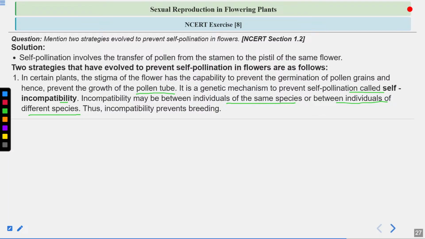If the pollen is of S1 type, the pistil will not allow it to germinate. Another pollen is of S4 type, a different pollen of the same species, so they will allow this S4 pollen to germinate. This is written here exactly. Thus incompatibility prevents inbreeding.